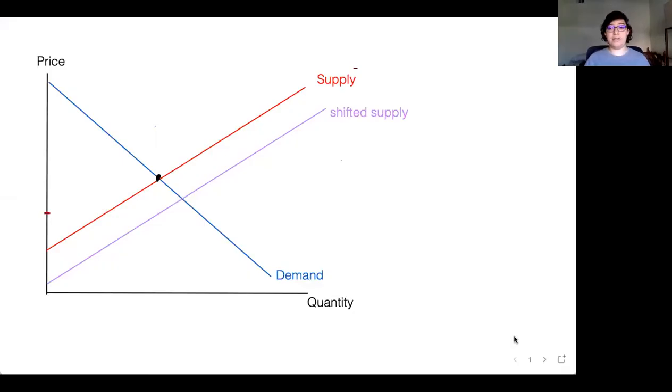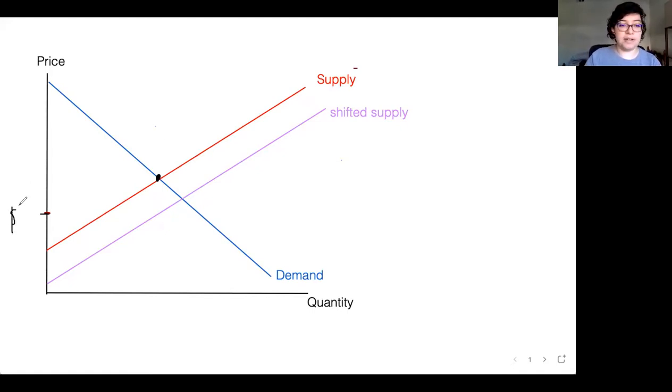So looking at our shifts here, let's look at what the shift means in the market. We have this original supply here, and let's pick any quantity, not necessarily the equilibrium price.